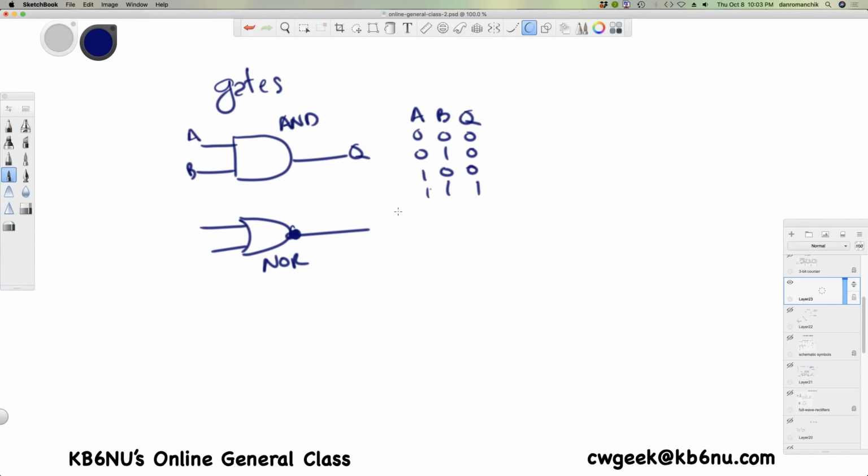And that's the question: which of the following best describes the function of a 2-input AND gate? Answer: output is high only when both inputs are high. Here's the truth table for an OR gate.